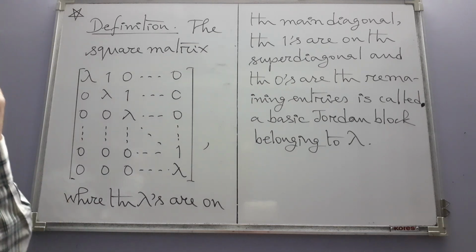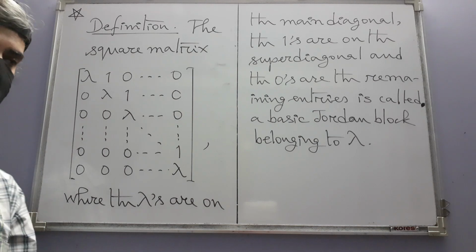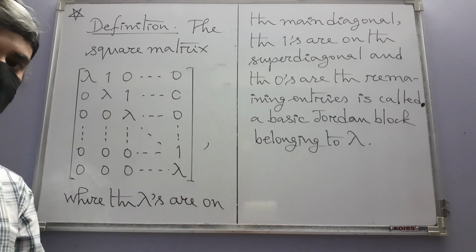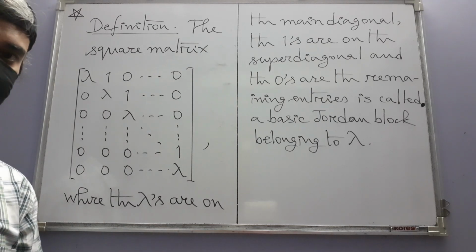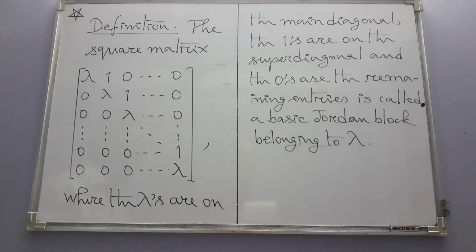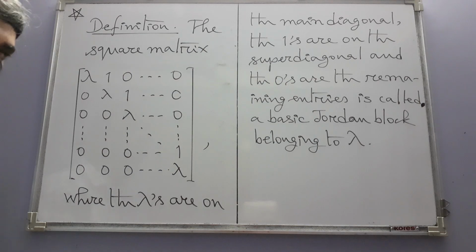A basic because you can change the size of this matrix. It's up to you what size of a basic Jordan block you want to have. You can have a 1 by 1 Jordan block or 2 by 2 Jordan block, 3 by 3, any size you can choose. So that is why not the basic Jordan block, a basic Jordan block belonging to lambda.